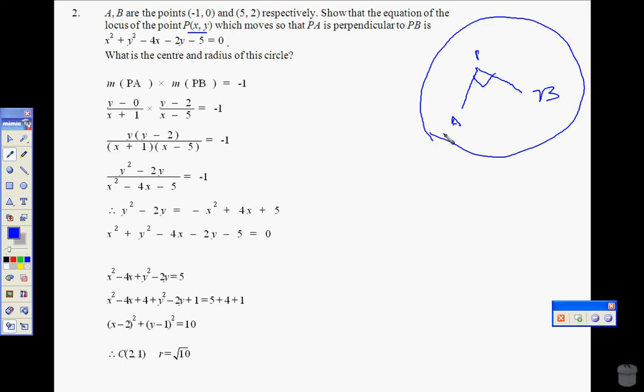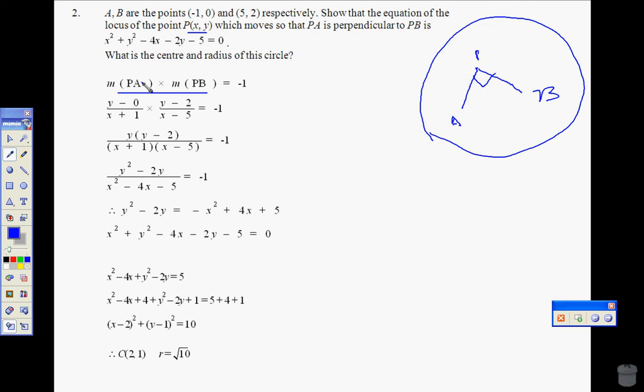So if we know two lines are perpendicular, we're going to apply our ideas about gradients that are perpendicular. We're going to get the gradient of PA and the gradient of PB, using P as (x, y), A as (-1, 0) and B as (5, 2). Now, we should end up with this equation, and we should see that this is a center and radius of a circle, but we'll do that in a moment.